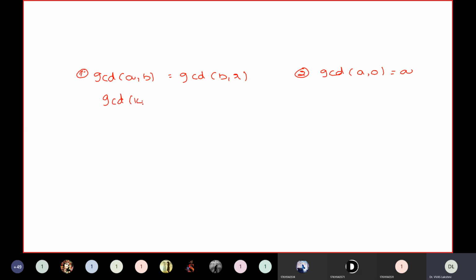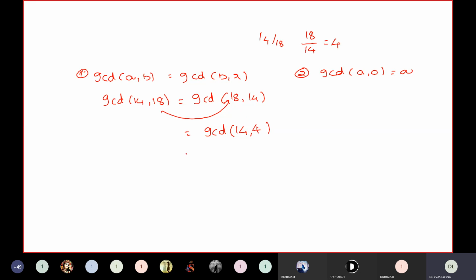Here we are going to take GCD of 14 comma 18. So b is 18, and what is the remainder of 14 by 18? The remainder is 14. Then b is 14, and 18 by 14 has remainder 4.